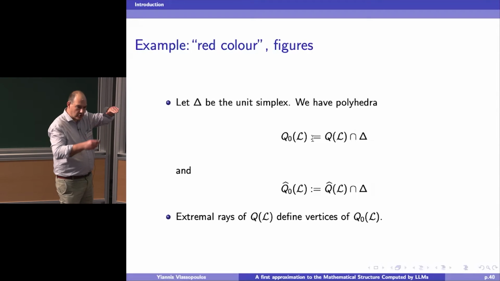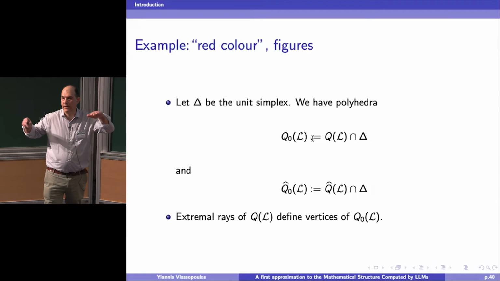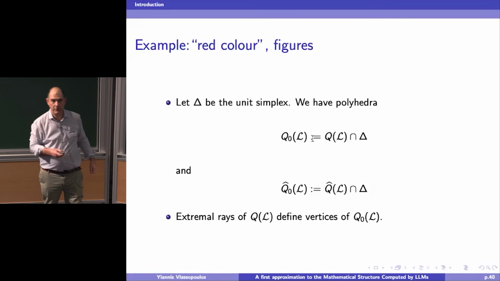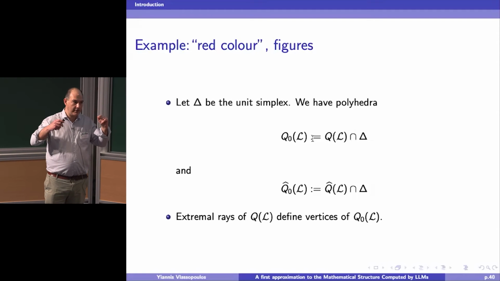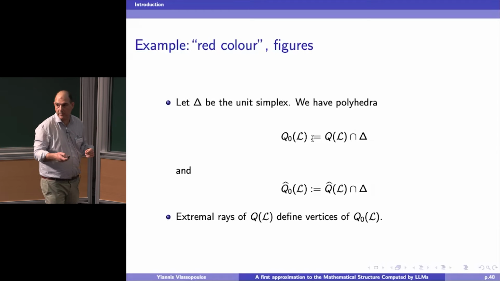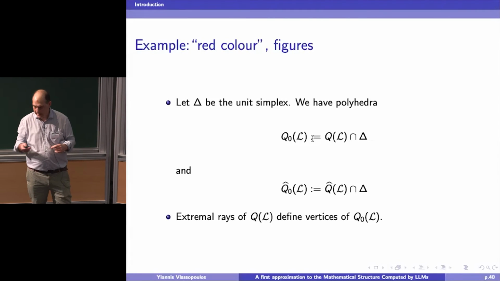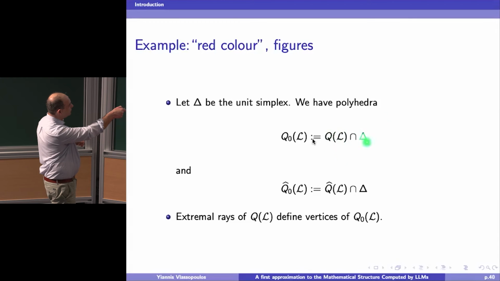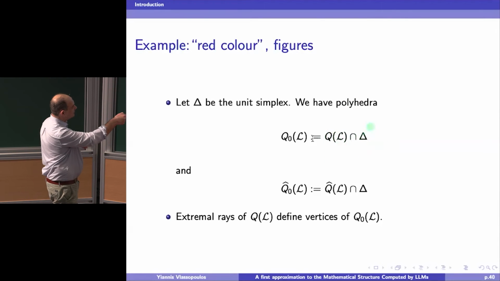When you get the section with a unit simplex, you get some polyhedron, and the extreme rays produce vertices. So you expect to see all these lower sets appear as vertices, and in particular, some of them are going to be the original texts. So this Q0 is precisely this intersection of Q with delta.